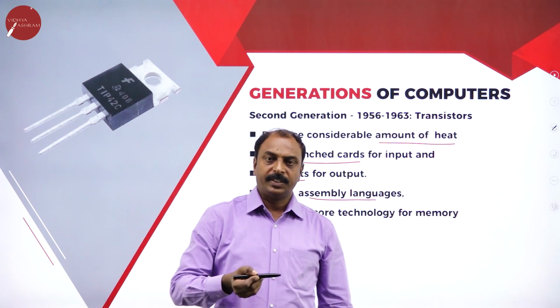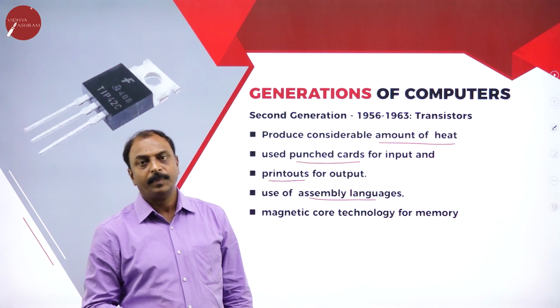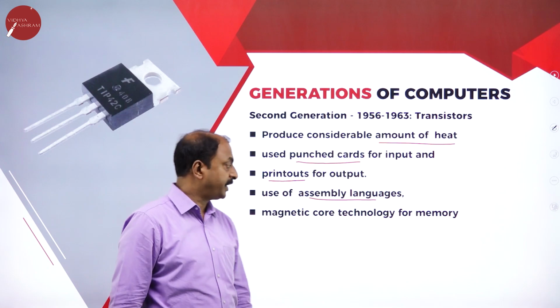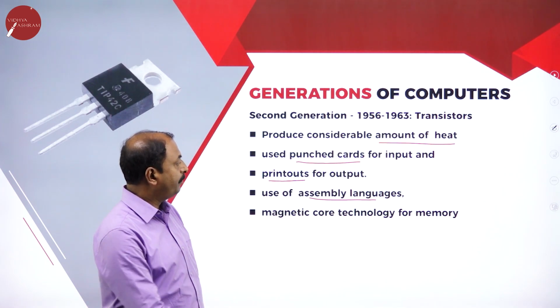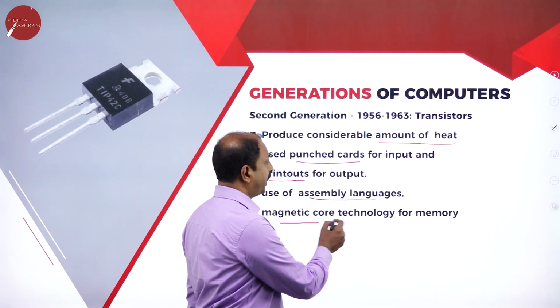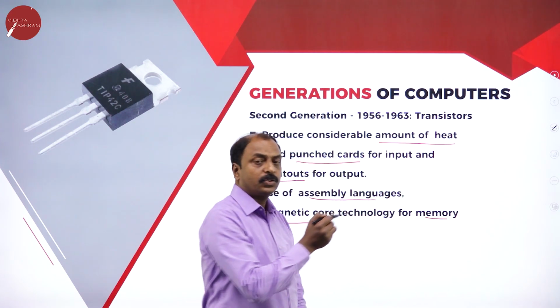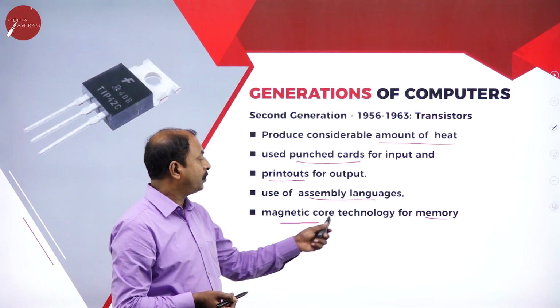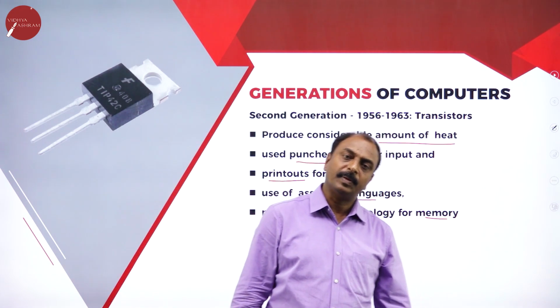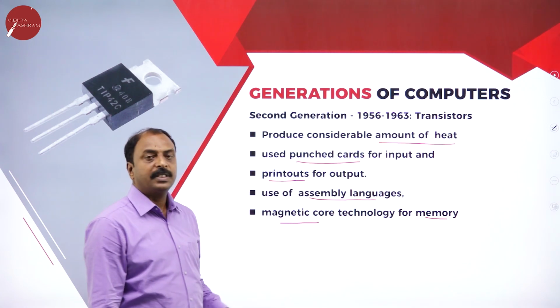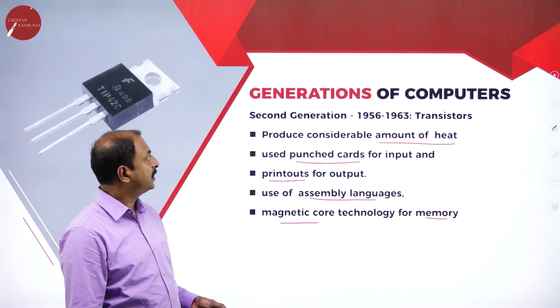In the first generation they were using machine level language for instructions, and here they were using assembly level languages and magnetic core technology for memory. So they used to make use of the magnetic core technology to store information or to work as a memory. So this is second generation computers.